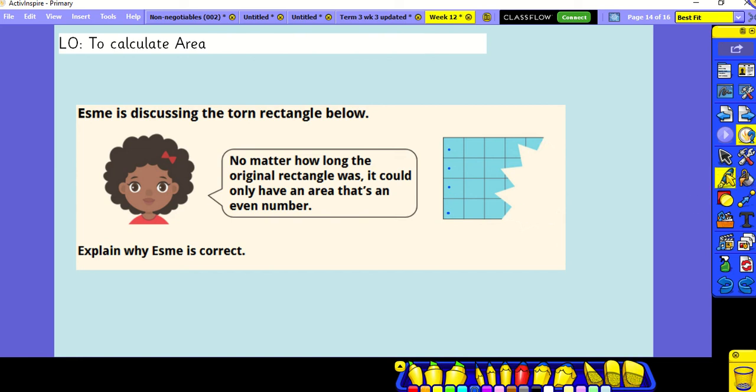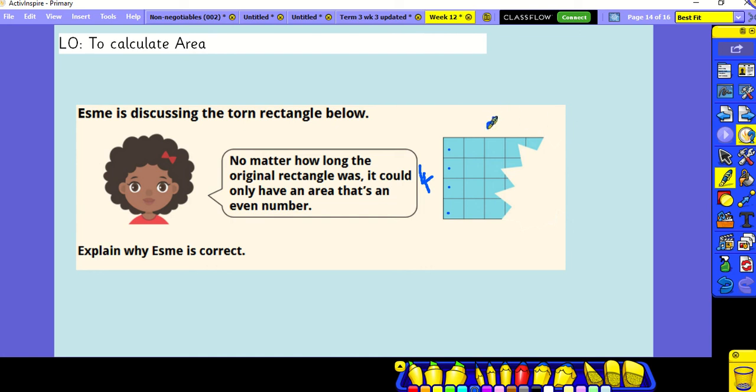Now Esme says no matter how long the rectangle is, it could only have an area that is an even number. Is Esme correct? Okay, well it's a rectangle, so we would find the area just like in our arrays by multiplying 4, the width, by the length.